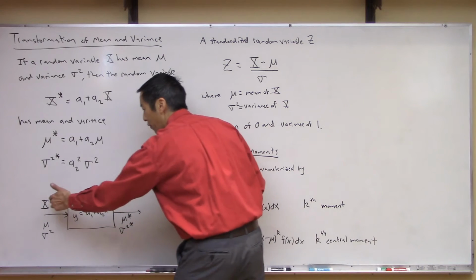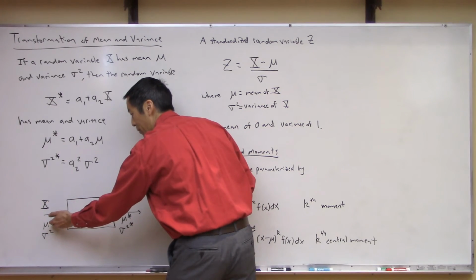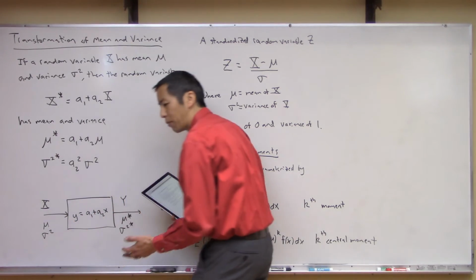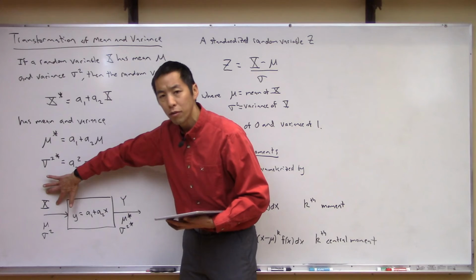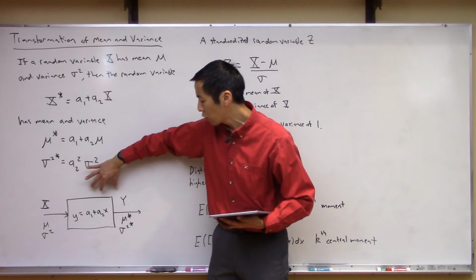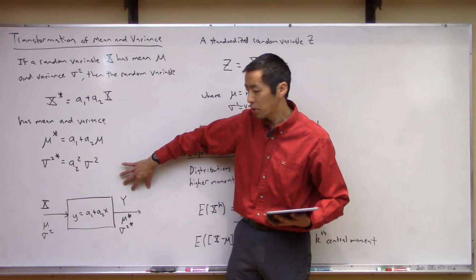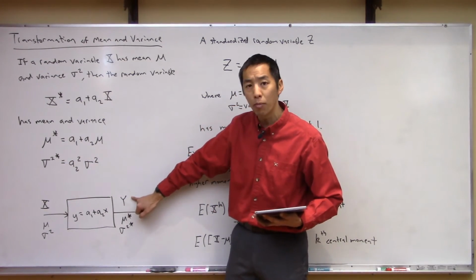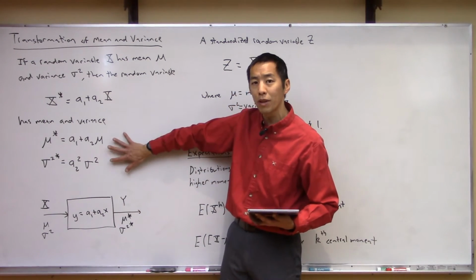So if I know my battery voltage has a certain mean, and here's the variance, how much spread or variability there is in the battery properties, then by the time I turn that voltage into power output by the motor, the variability in terms of its variance and its mean are going to be transformed like this.